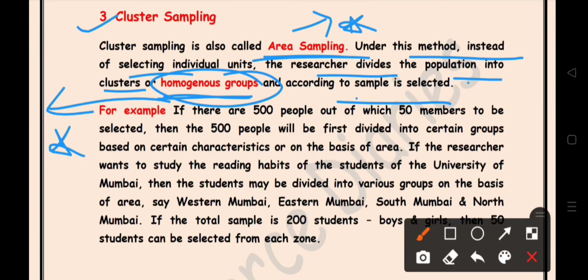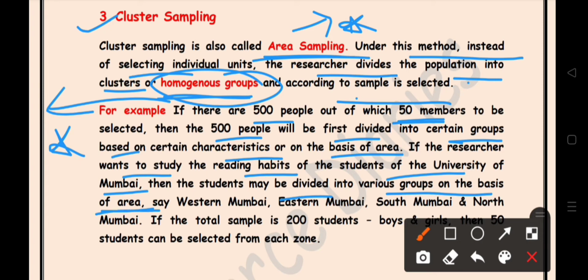Okay, so let us understand cluster sampling with this example. If there are 500 people, out of which 50 members are to be selected, then the 500 people will first be divided into certain groups based on certain characteristics or on the basis of area. If the researcher wants to study the habits of students of the University of Mumbai, then the students may be divided into various groups on the basis of area, say Western Mumbai, Eastern Mumbai, Southern Mumbai, and Northern Mumbai.